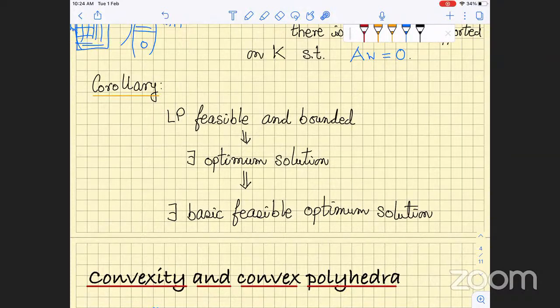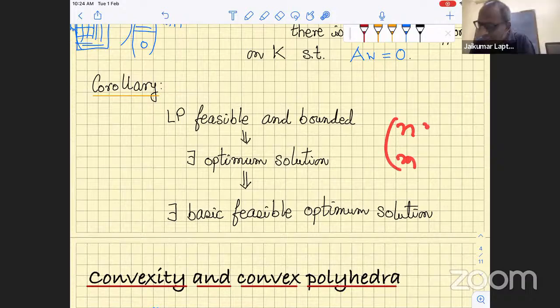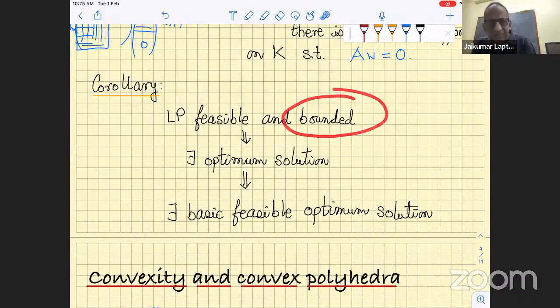At most n choose m basic points. That's right. So for every feasible solution, there is a basic feasible solution whose objective value is as good as that of the feasible solution. So now restrict yourself to basic feasible solutions. And if the function is bounded, then one of the basic feasible solutions must be achieving the optimum.